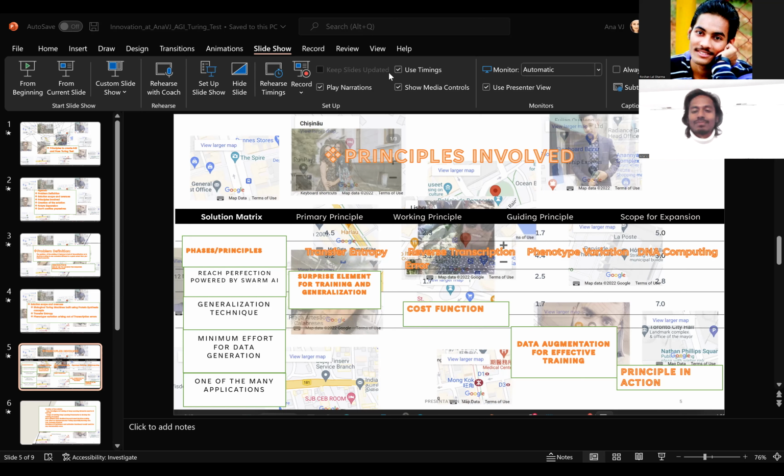I understood the basics regarding these things, and how the phenotype and the cost function are related and how we can utilize them in a proper way. That basic understanding I have got.